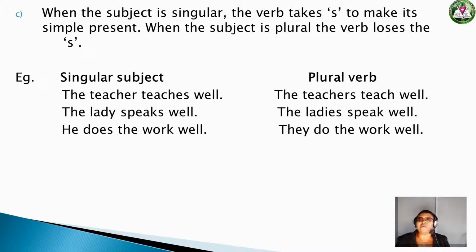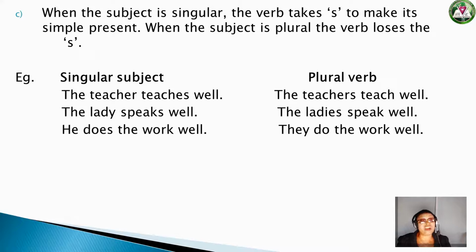While in the plural form, it goes this way: the teachers teach well. Two, the lady speaks well. The plural form of it will be: the ladies speak well.